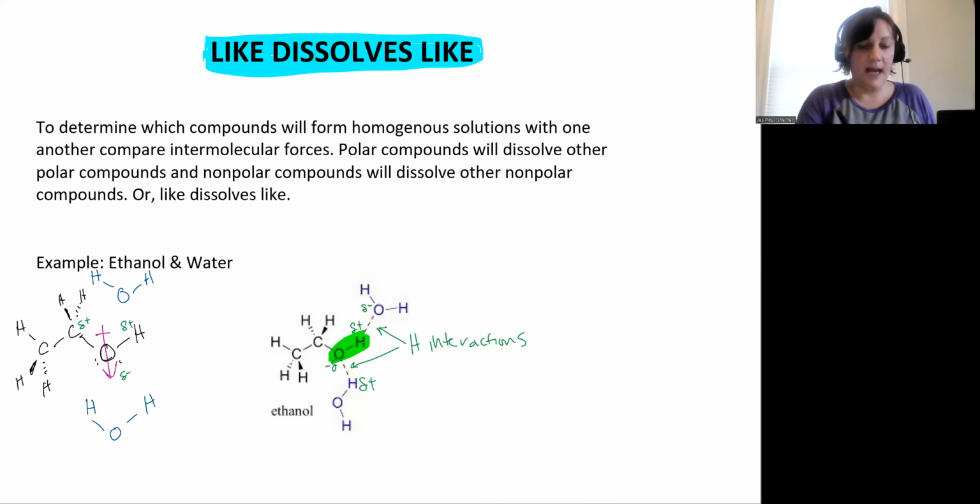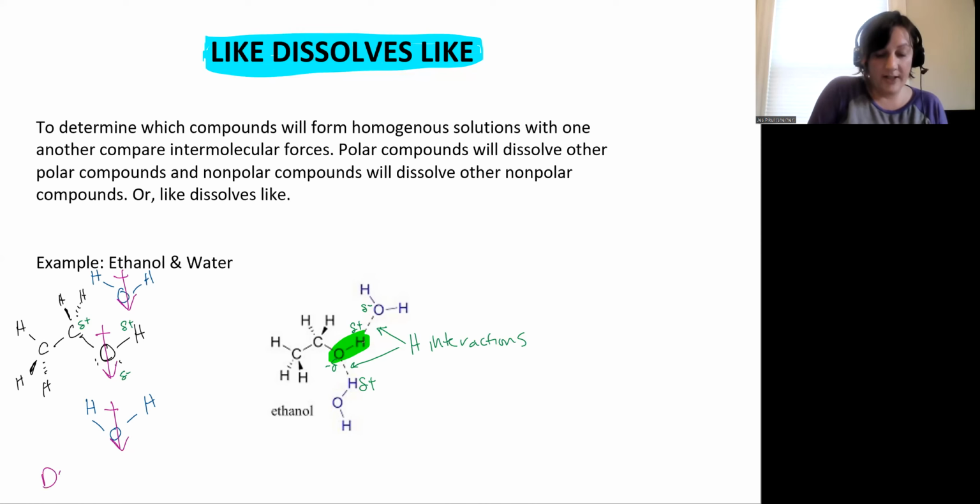And so we can imagine that this then can align with the polarity of the water molecules as well, which are going to also similarly have that partial negative charge at the oxygen, and in this case, a partial positive charge on the two hydrogens. And so we've got dipole-dipole interactions, and we have hydrogen interactions.